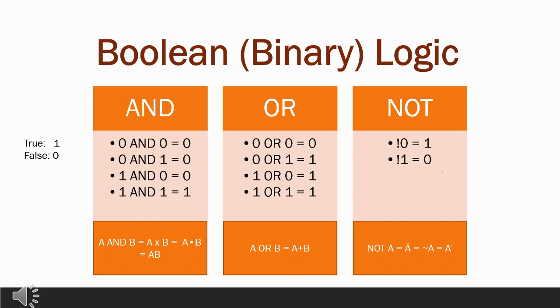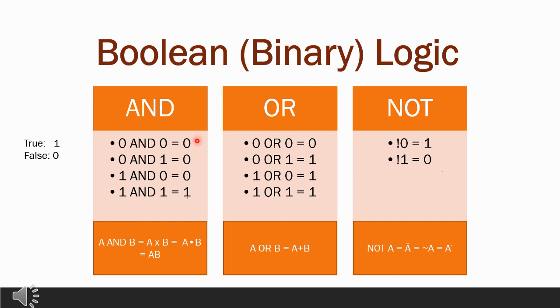The rules are listed in the slide. In AND logic, for the two possible input operands, the rules for the four possible combinations of values are 0 and 0 is 0, 0 and 1 is 0, 1 and 0 is 0, 1 and 1 is 1.